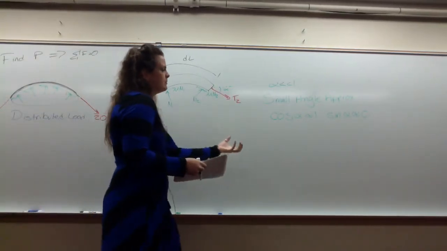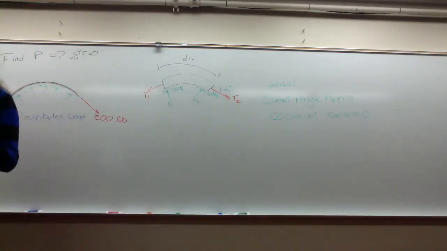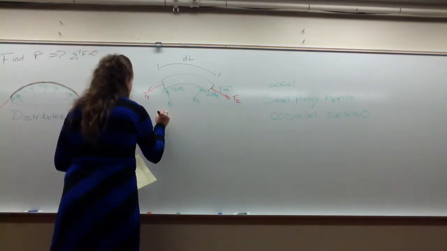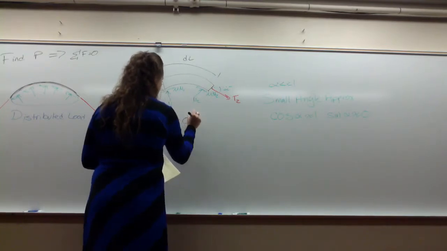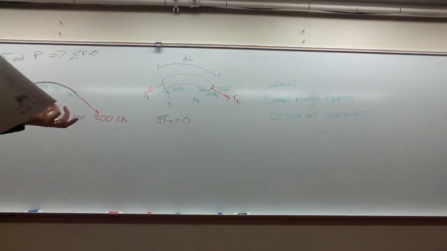But if we assume that our angle alpha is so small that our sine is essentially 0, we can now apply our equations of equilibrium. It's a machine. We know it needs to be in equilibrium. So if I sum the forces in the x, when alpha is 0, what is in that equation, Adams?